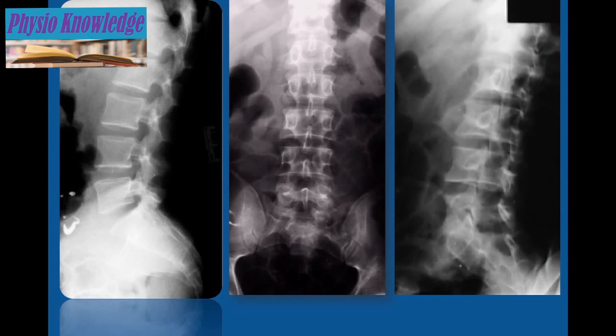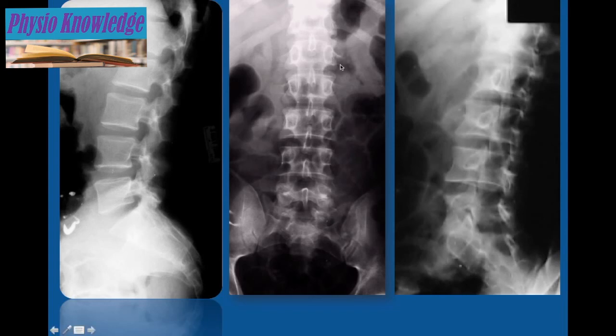This is an example of a normal lumbar spine, and you can see we still have some degeneration here, some increased sclerotic changes at the facet joints, which are here at every level. But in essence, this is a pretty normal lumbar spine. Sorry, I don't know if I said cervical.